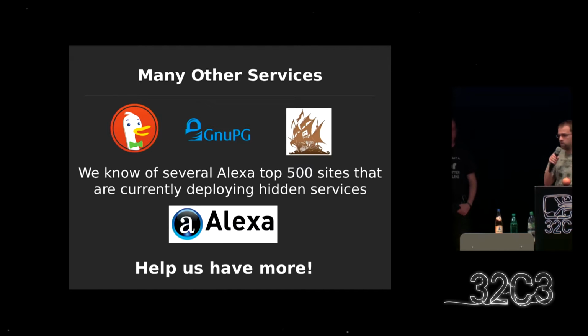Now, DuckDuckGo, of course, they have Jabber, and they also have a hidden service. I talked to the DuckDuckGo people a few months ago, maybe. I don't remember. But the point is, they have many users coming through the Onion address. The Pirate Bay also. We've seen Facebook and others, and we actually know that several Alexa top 500 websites are currently deploying Onion addresses.